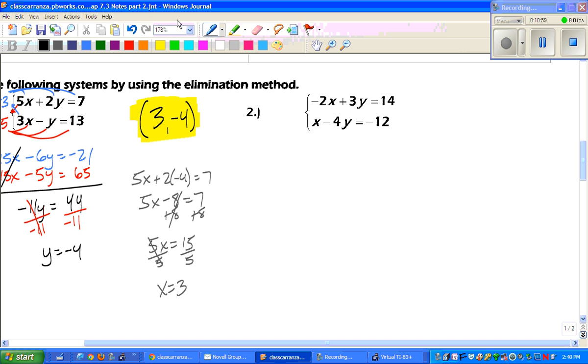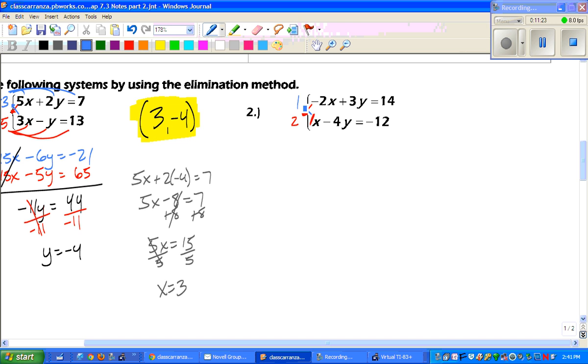Alright, now with number 2. Remember, if there's no number in front of the x, it's a 1. Okay? So we bring the 2 down. Up. Bring the 2 down.